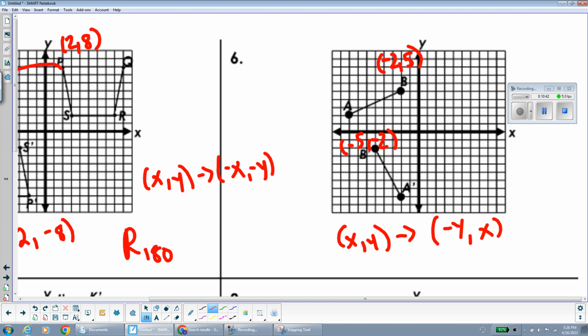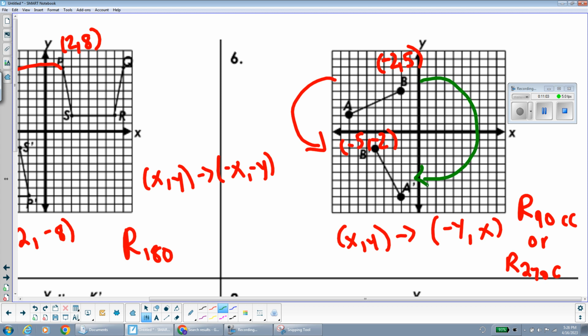So this is the rule for a rotation of 90 degrees counterclockwise, and it did move one quadrant over in the counterclockwise direction, or a rotation of 270 degrees clockwise, because we know that that is the same thing and we'll put it in the same spot, centered at the origin.